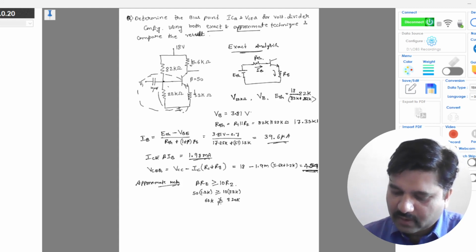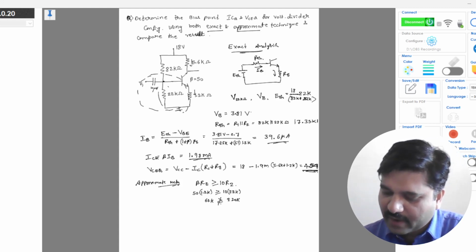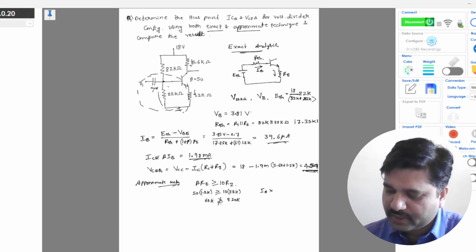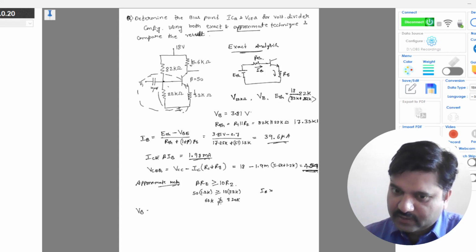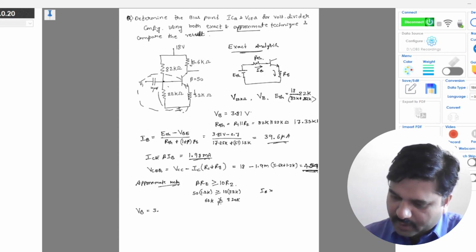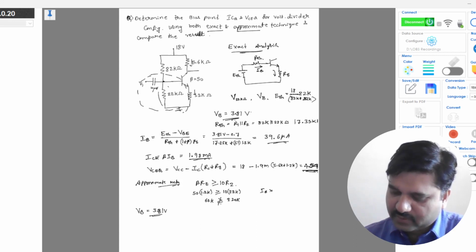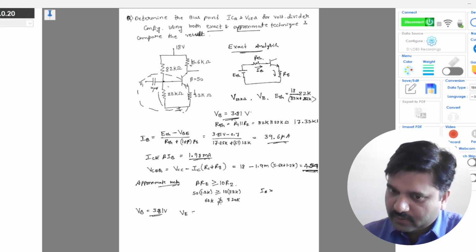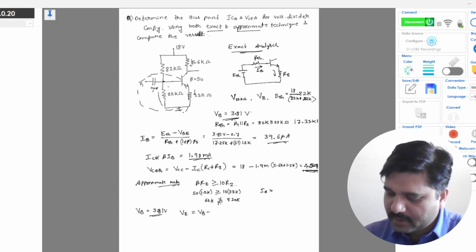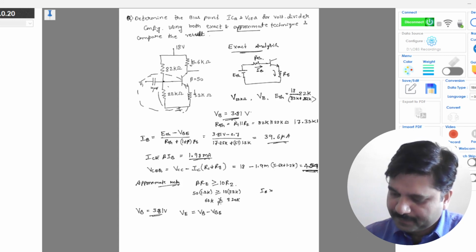In this case we don't calculate the value of IB. We calculate ETH or VB, which is 3.81 volt, the Thevenin's voltage we have calculated. Using this we calculate VE, which is VB minus VBE.